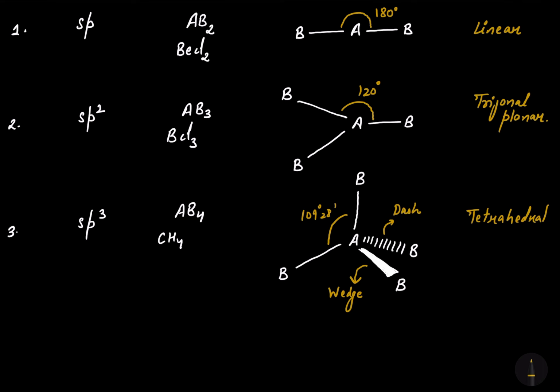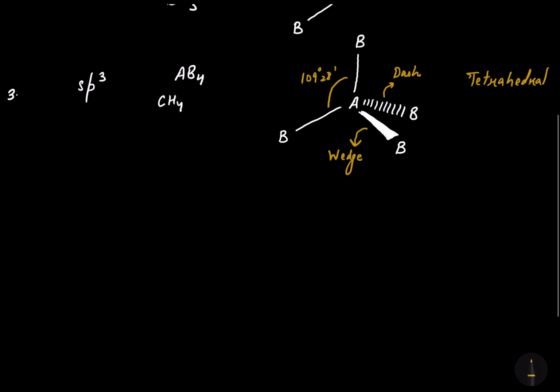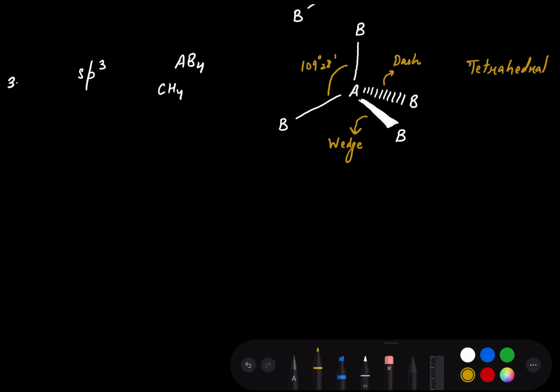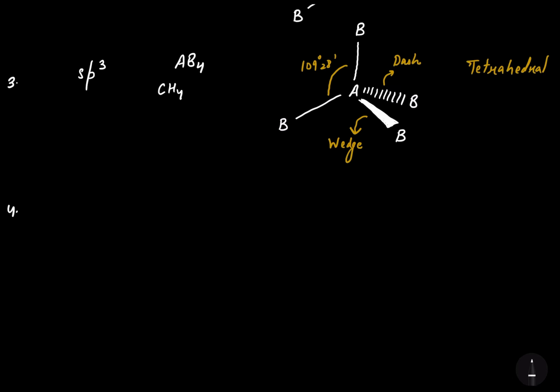Now let's talk about sp3 hybridization but with one lone pair. I'm taking my fourth type to be sp3 with one lone pair. The general formula of the covalent compound showing sp3 hybridization with one lone pair is AB3L. Let's take an example of AB3L to be NH3. The central atom A is over here. I'm making this wedge, a bond which is coming out of the screen, B over here.